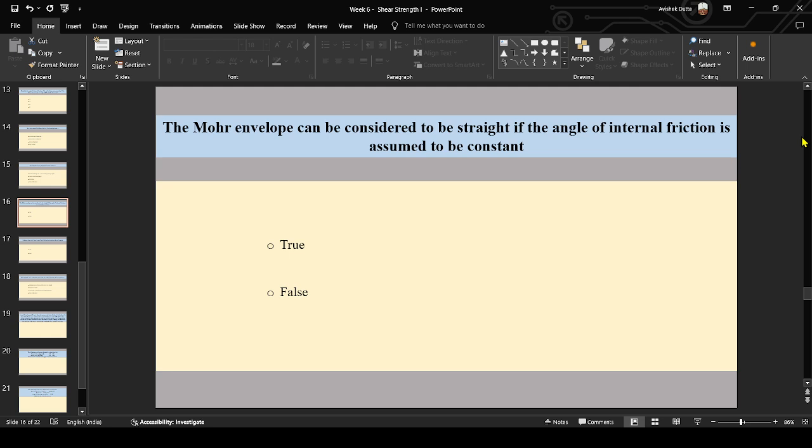I repeat the question. The Mohr envelope can be considered to be straight if the angle of internal friction is assumed to be constant. Is this statement true or false?